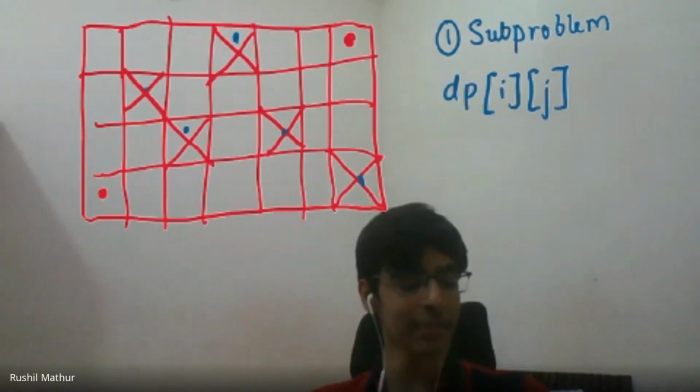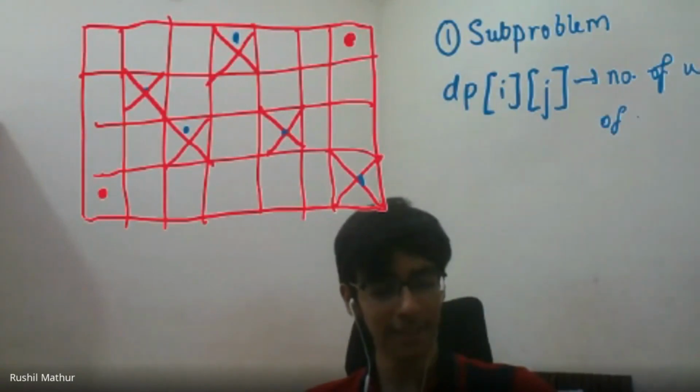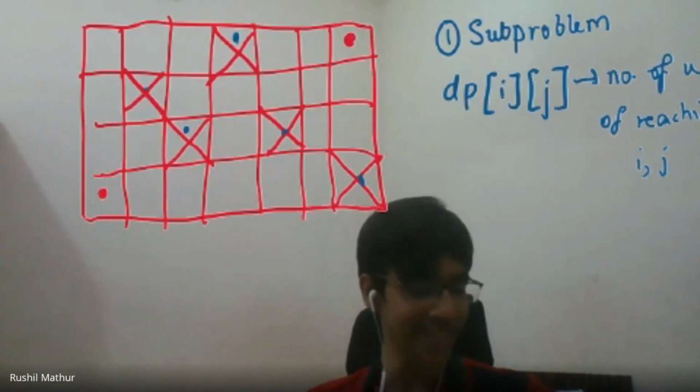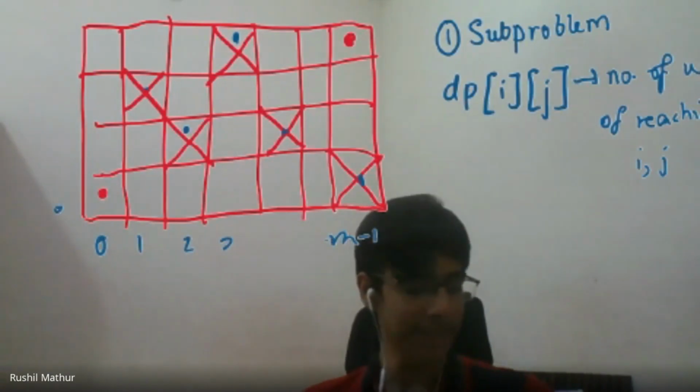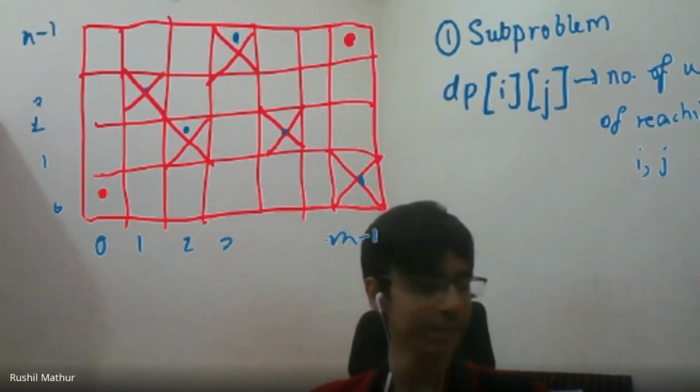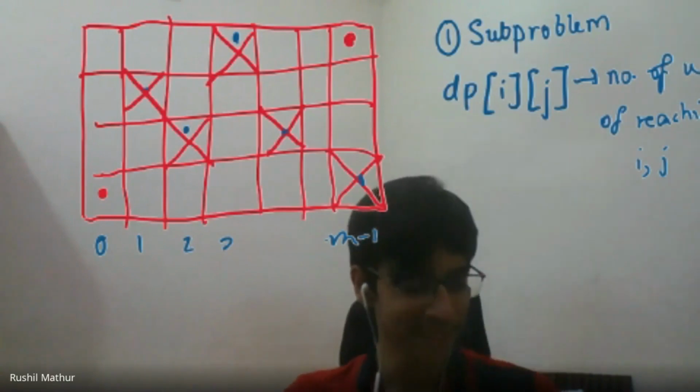This refers to the number of ways of reaching (i, j). You can take this as 0, 1, 2, 3 till m minus 1, and 0, 1, 2, 3 till n minus 1, whatever.